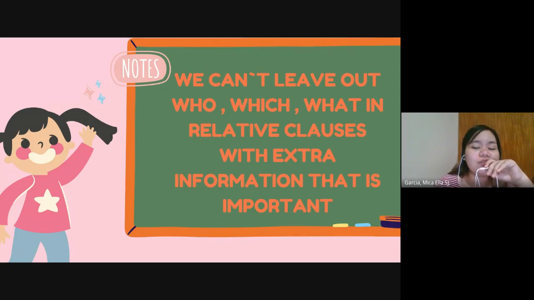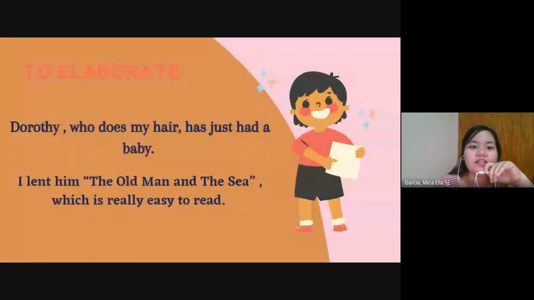Again, we cannot omit who, which, and what in the sentence if the clause is stating additional information. So for you to further understand, let's have the first sentence here.